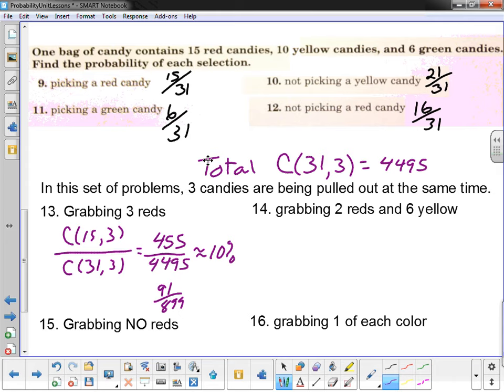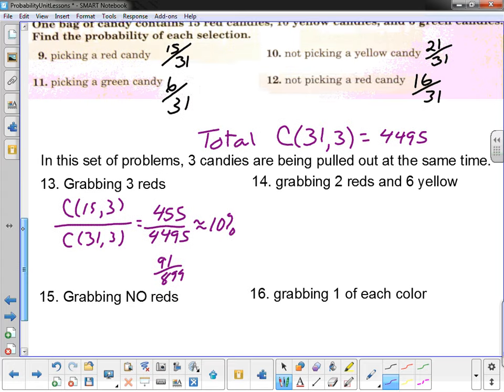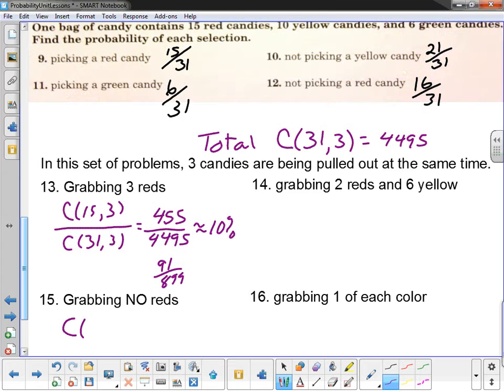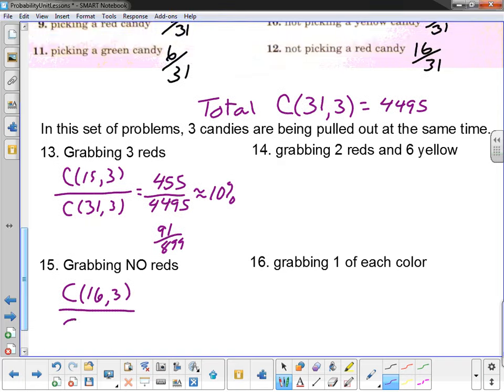Okay, so what if we wanted to grab no reds? How many candies do we have that are not red? 16 candies that are not red, out of our total 31, taking 3. So if we take our same combination and do 16 taken 3, we get 560 ways, or about a 12% chance that we would get no reds.